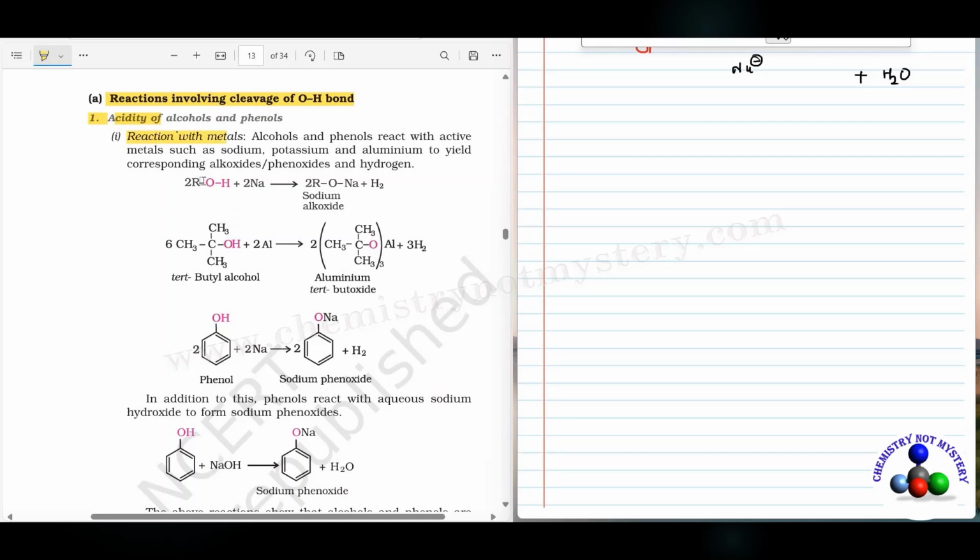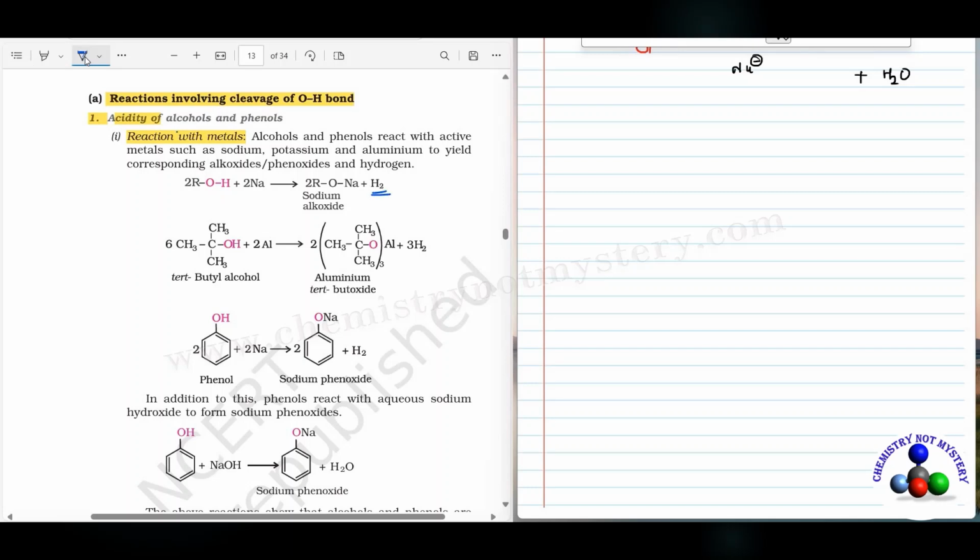Reaction with metals. Alcohol and phenol react with active metals such as sodium, potassium and aluminium to yield the corresponding alkoxide or phenoxide and hydrogen. In the first reaction, ROH, an alcohol, reacts with sodium metal to give sodium alkoxide, and hydrogen is removed in the form of hydrogen gas.